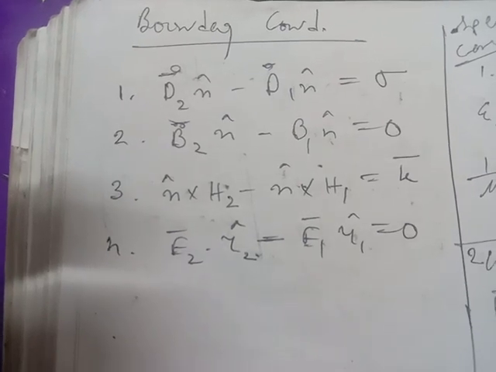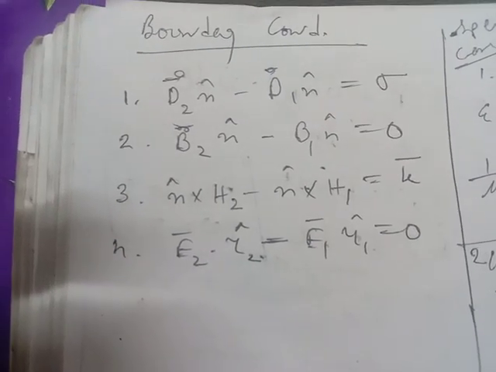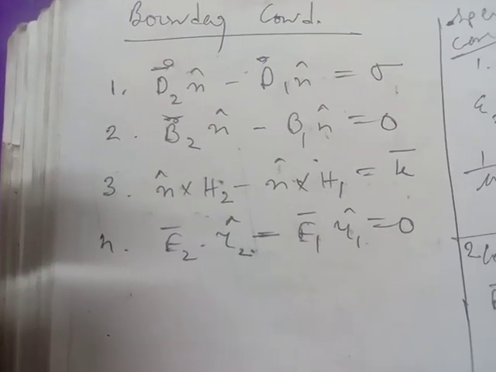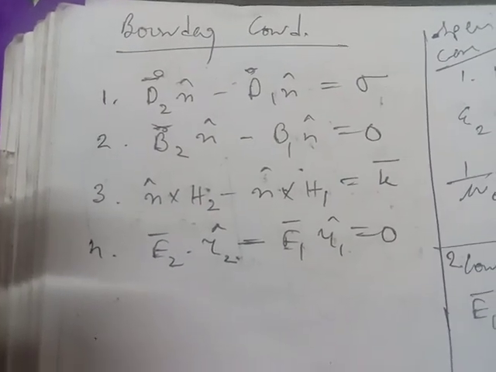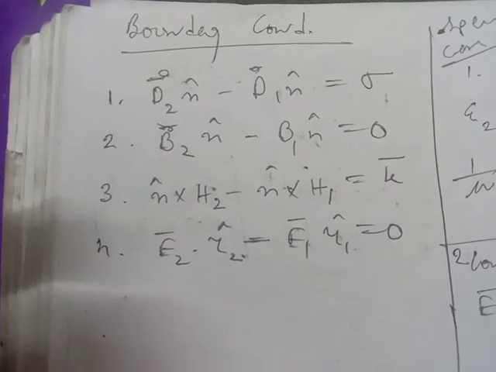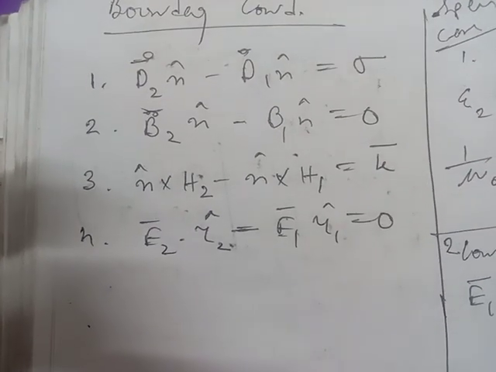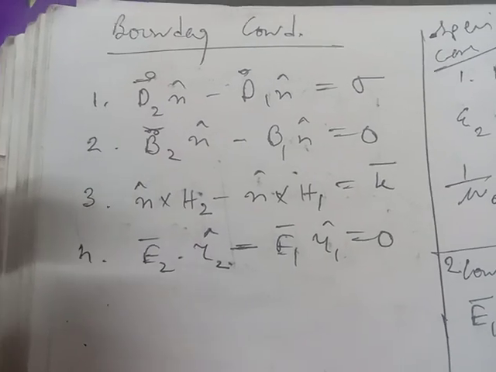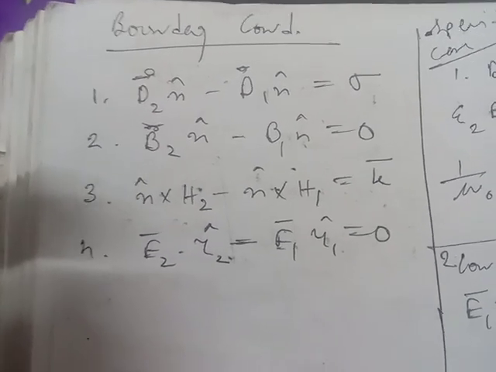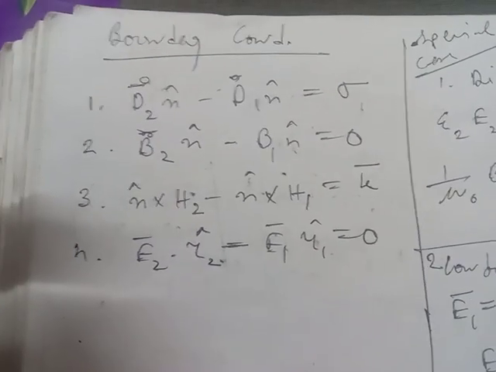And the tangential component, that is n cap cross H, equals K, the surface current density. So we can see that the tangential component of the magnetic field is discontinuous, and we have to think about which terms are discontinuous.